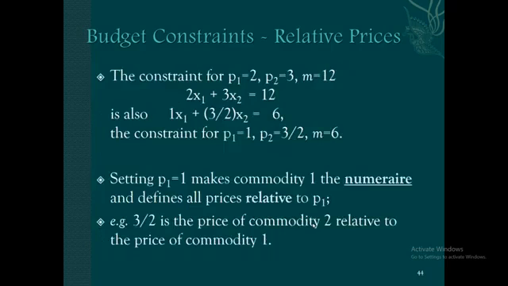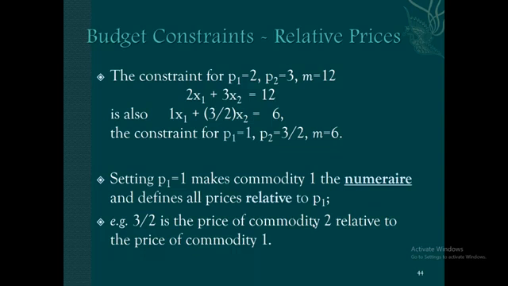So the constraint with P1 equal to 2, P2 equal to 3 and M equal to 12 gives you 2x1 plus 3x2 equal to 12, which is also 1x1 plus 3 by 2 x2 equal to 6.